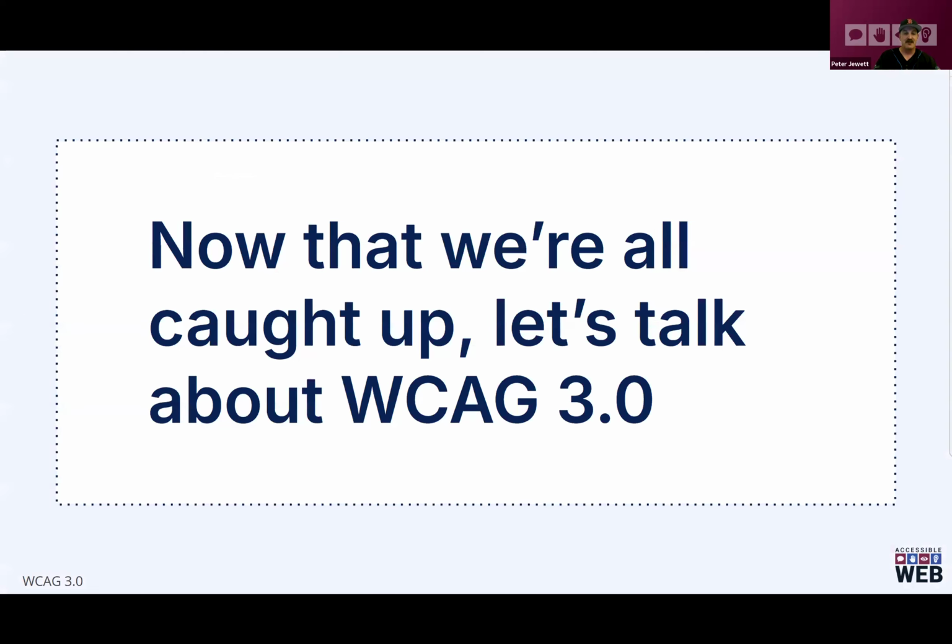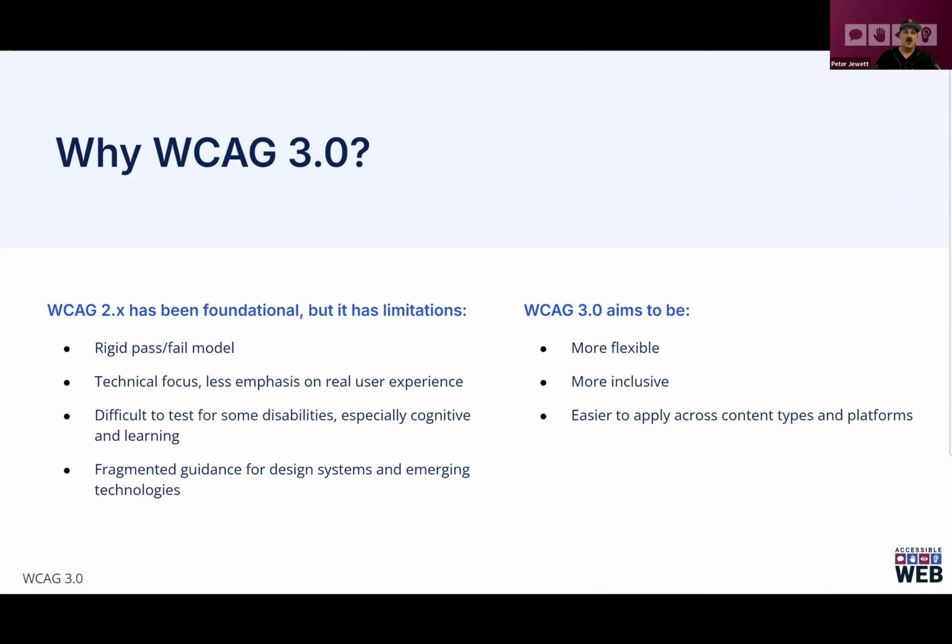Now let's talk about WCAG 3.0. Why 3.0? What's the deal here? WCAG 2.x has been essential in setting accessibility standards, but it wasn't built for today's digital complexity, just like you saw with the different 2.0, 2.1, and 2.2 versions.